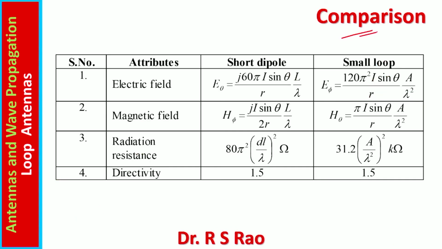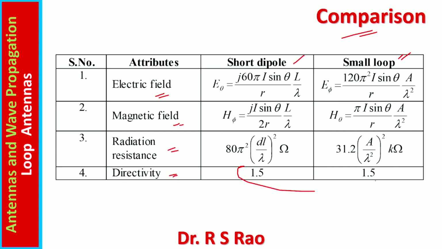A comparison is given between the short dipole and the small loop. It has been told earlier that the short dipole and small loop are complementary radiators. There exists a lot of similarity between them. A comparison is given here in terms of field intensity, electric field, magnetic field, radiation resistance, and directivity.